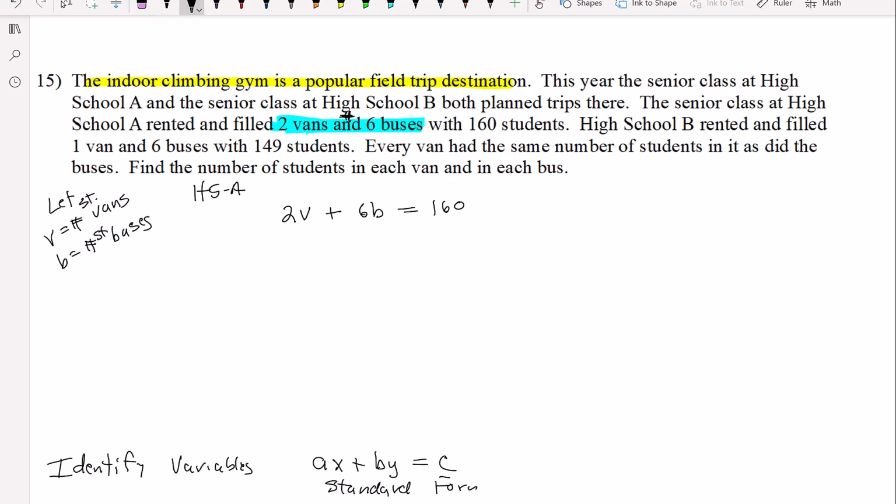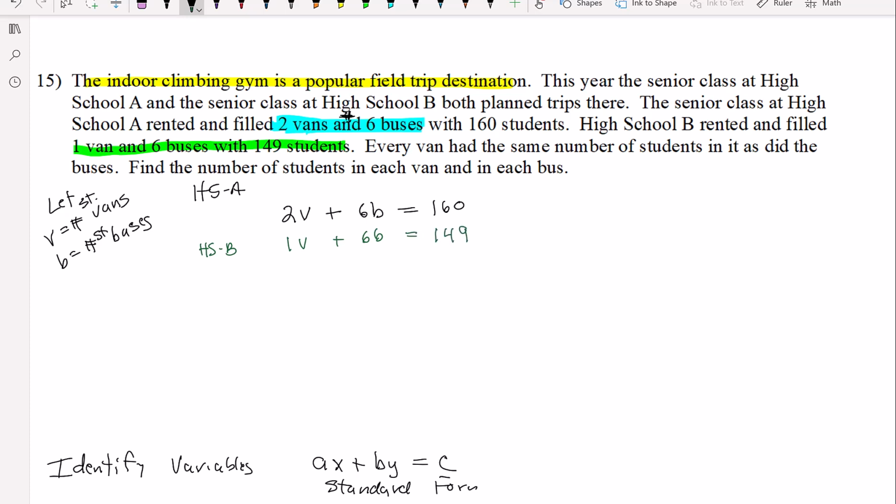All right. So then High School B, one van, 6 buses. One van and 6 buses for carrying a total of 149 students.